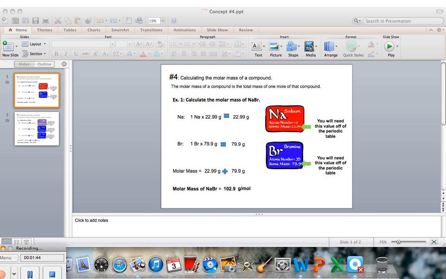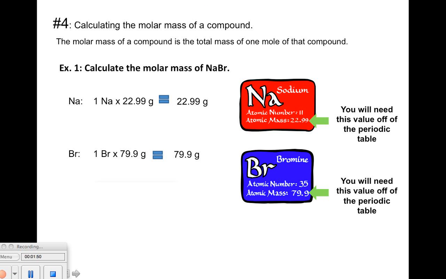Now you're going to have to add those two up, so you want the total mass of the compound. So the total molar mass of NaBr would be the mass of each of the elements added together.